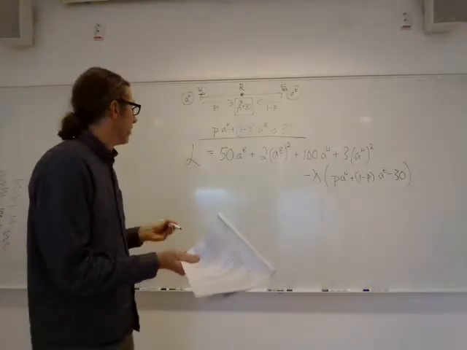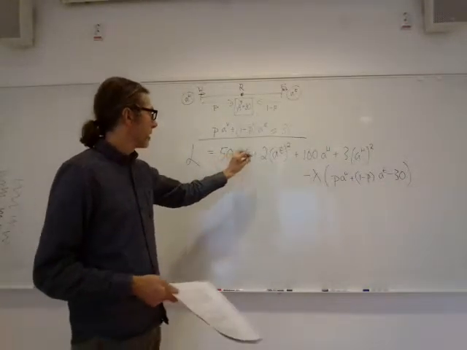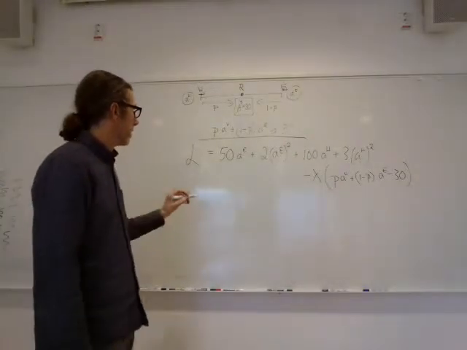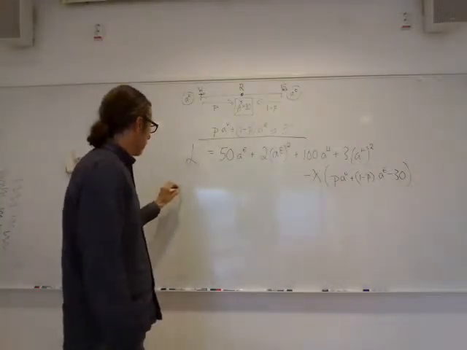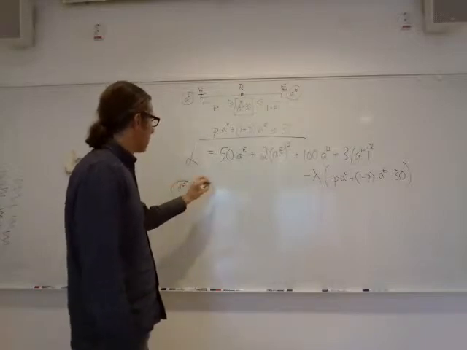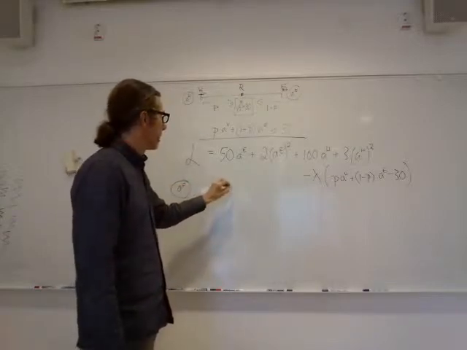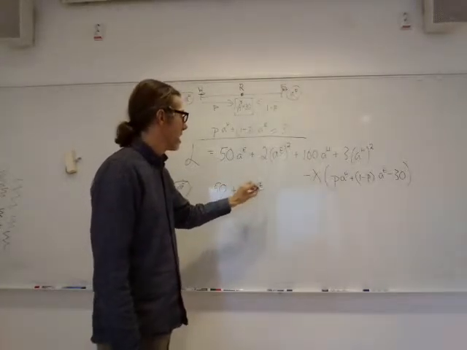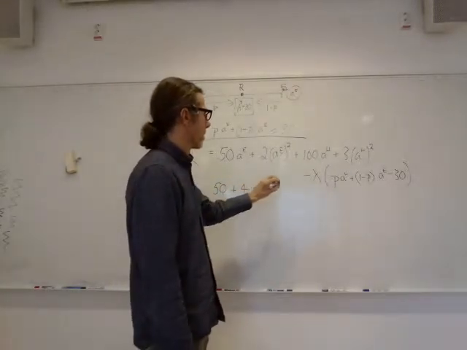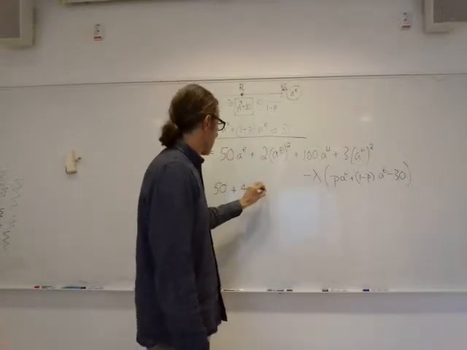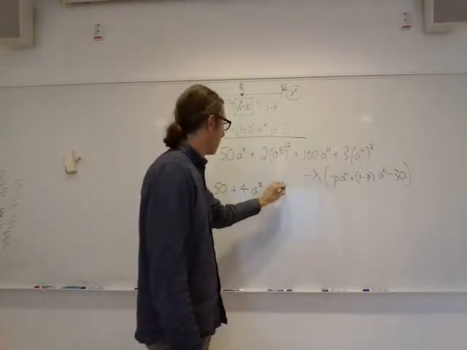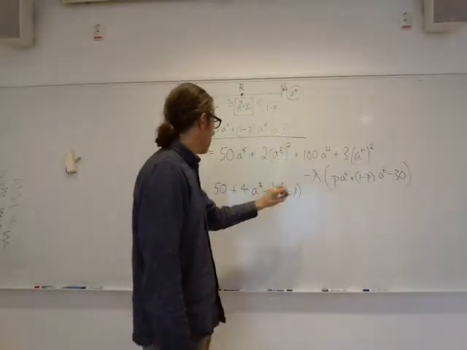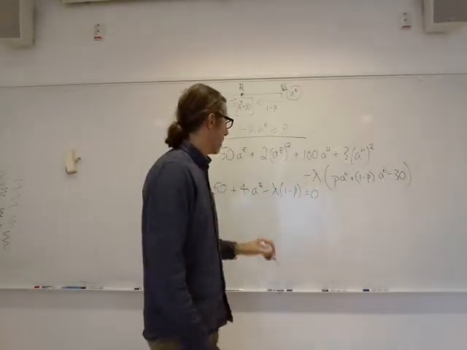So we're going to take first order conditions in AE and AW, aren't we? So the first order condition in AE gives 50 plus 4AE minus lambda 1 minus P equals 0.